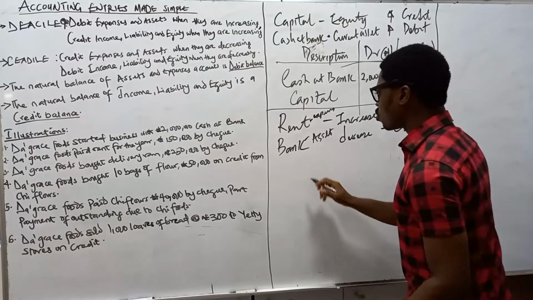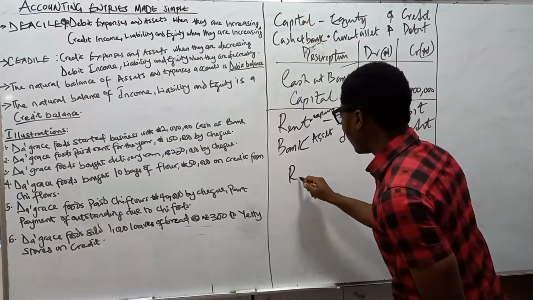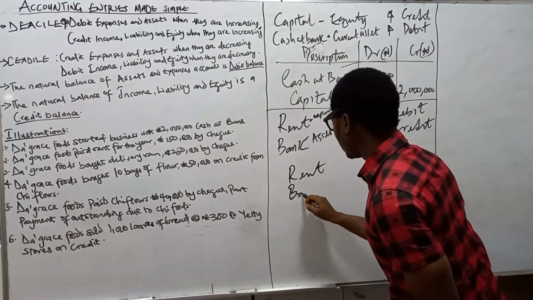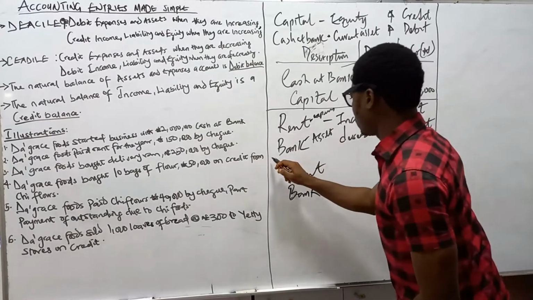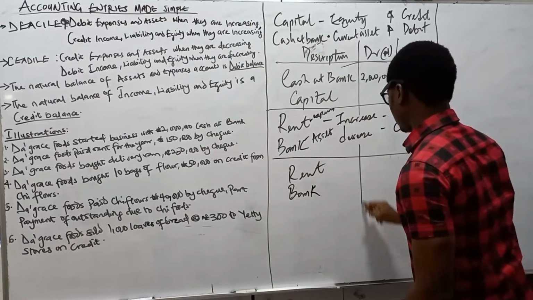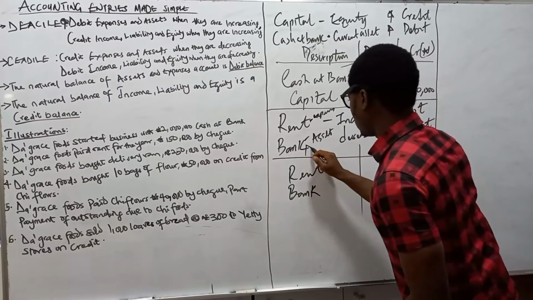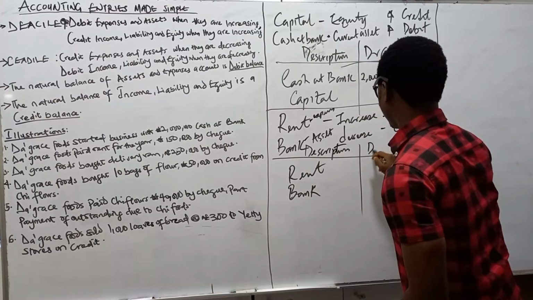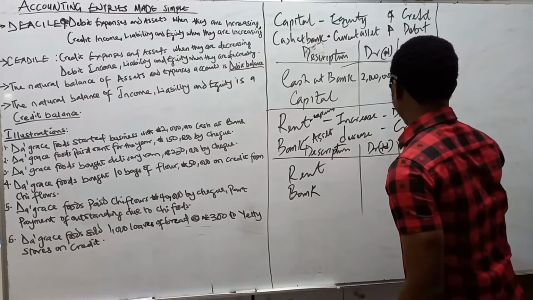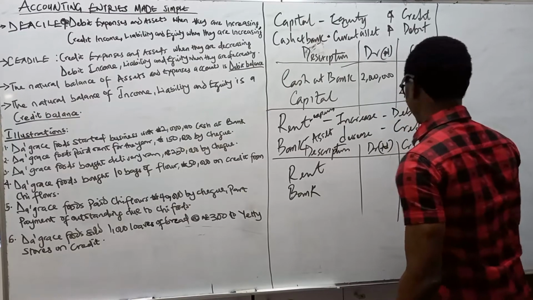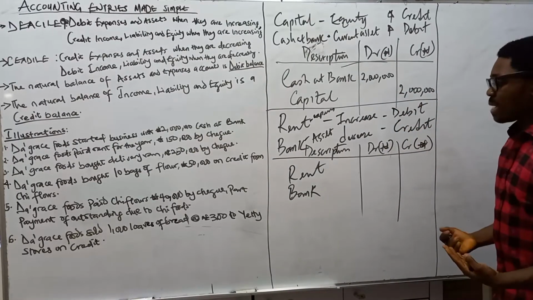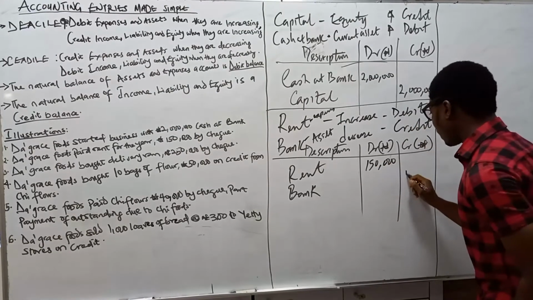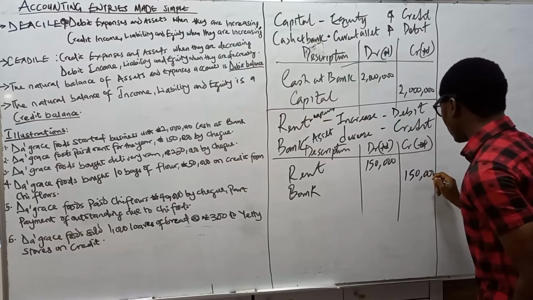This translates to having our account, we have our rent, we have our bank. We debit rent with 150,000 naira and credit bank with 150,000 naira.